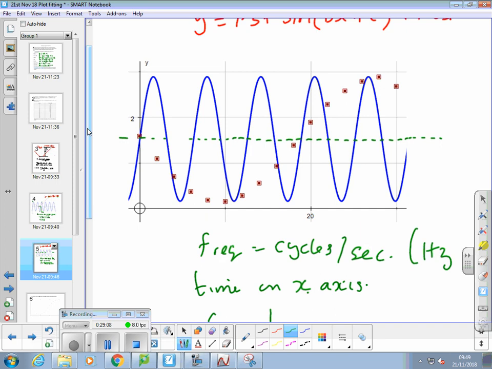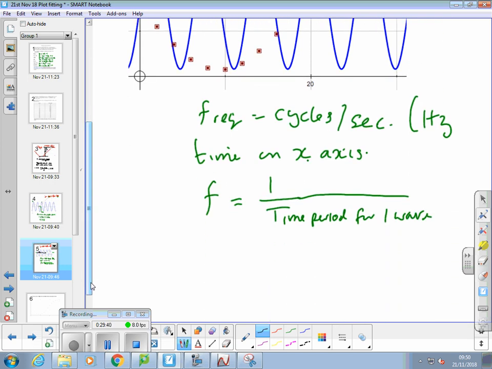Half the cycle. We've got half a cycle here, from here to about there somewhere. It's about 18 seconds. So the half cycle is 18 seconds.